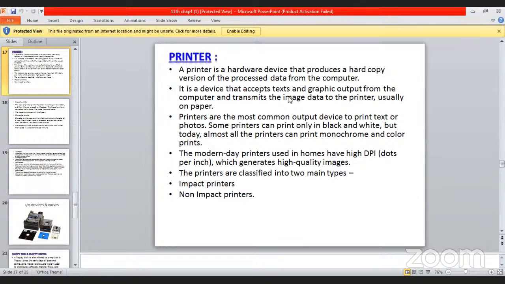So printers are classified mainly into two types, that is impact printer and non-impact printer. In an impact printer, mechanical contact between the print head and paper is carried out, while in a non-impact printer there is no such mechanism.